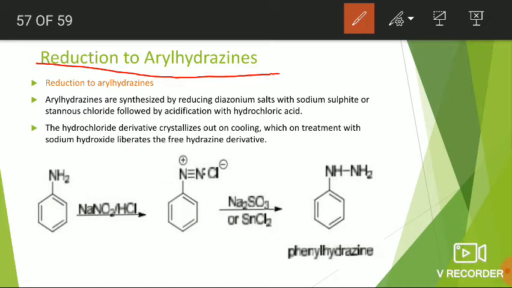So here diazonium salts are the best starting material to convert them into corresponding aryl hydrazines.